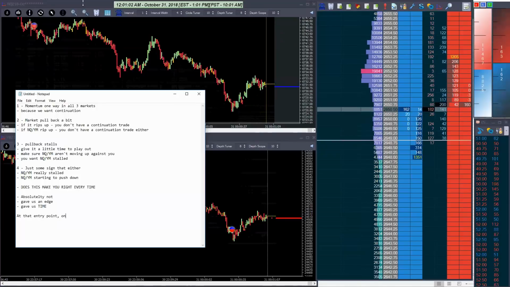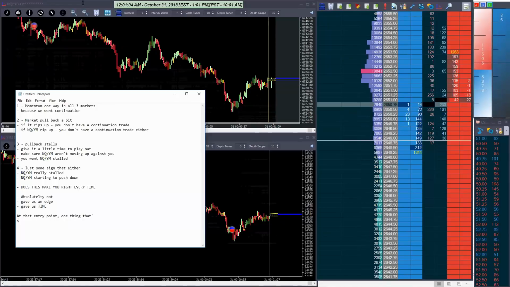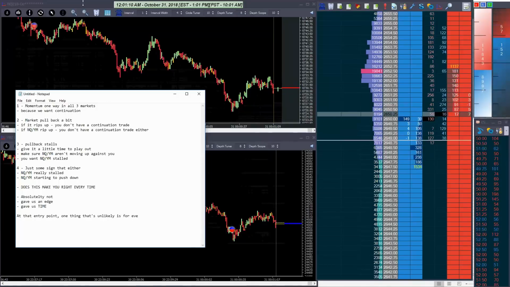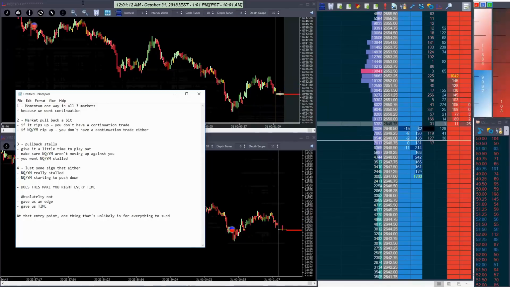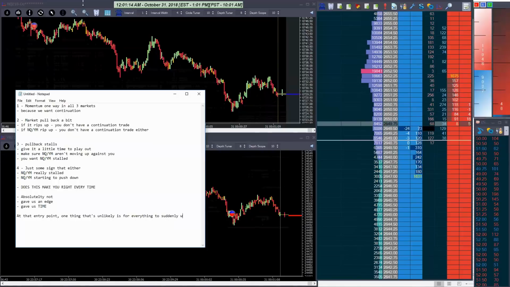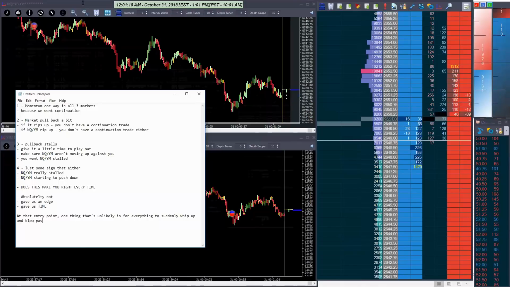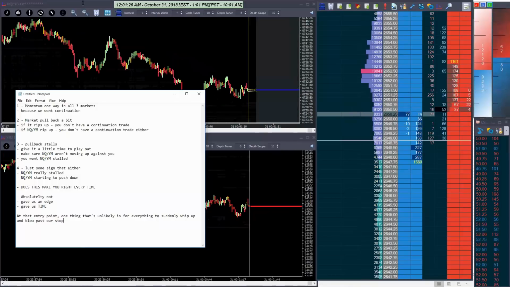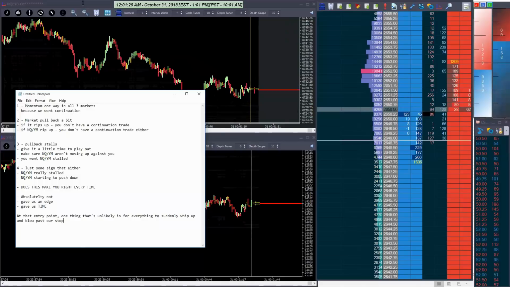So at that entry point, one thing that's unlikely is for everything to suddenly whip up and blow past our stop. The market's going up and down, and it's crazy, and you're just waiting for it to slow down a little bit.